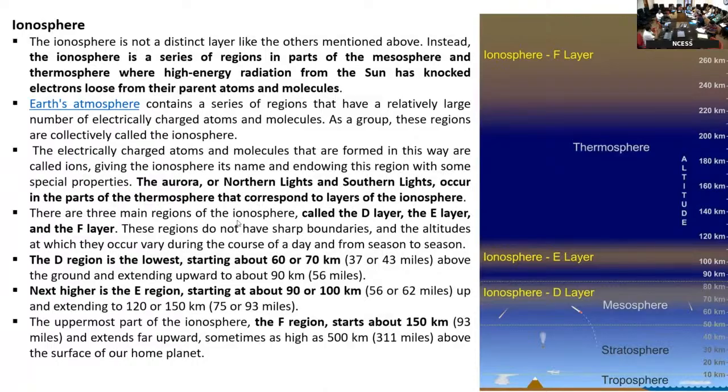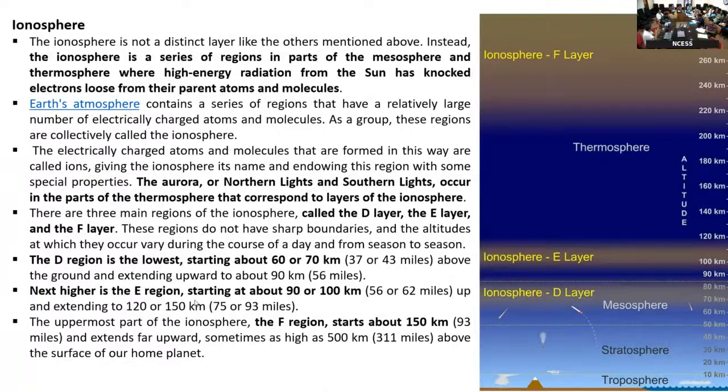You all may have studied in college how the ionosphere is important in radio communication. It has different subcomponents: the D layer is the lowest layer, and above that the E layer is there. The D layer is located around 60 to 70 kilometers, and the E region is 90 to 100 kilometers, approximately.